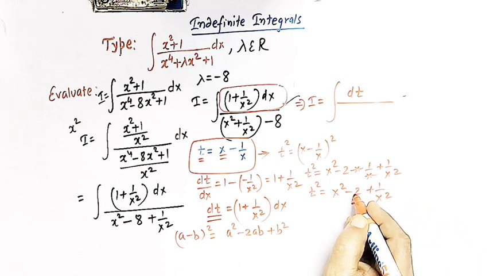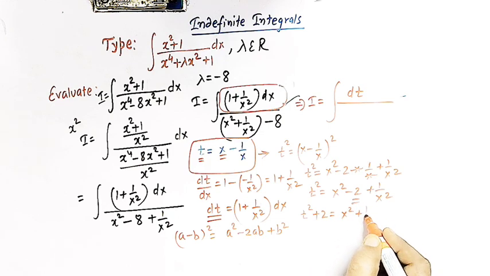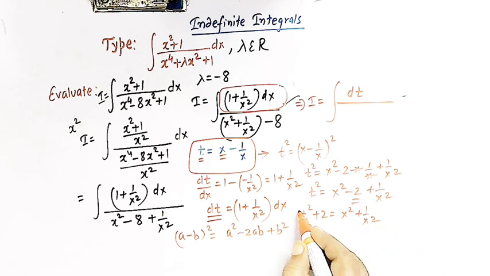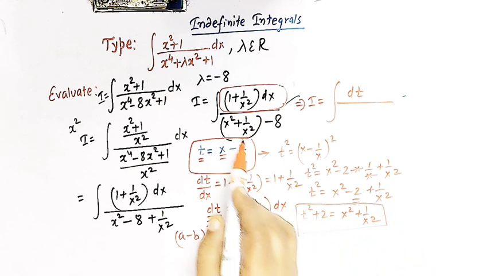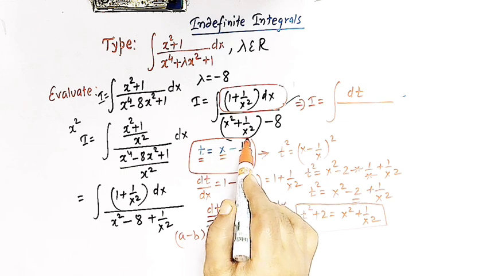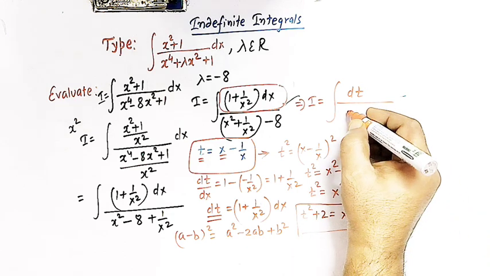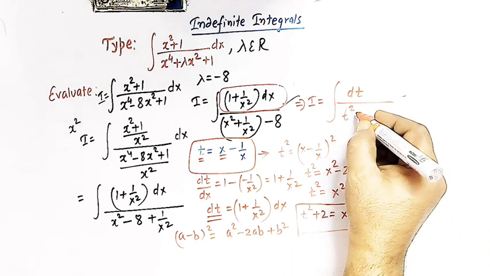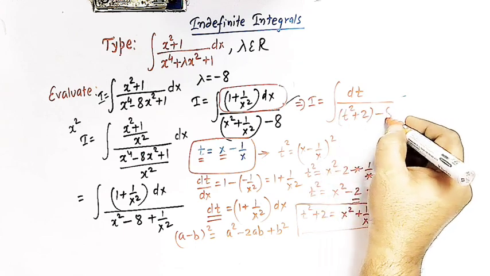Now taking minus 2 to the left hand side, we can now write t square plus 2 is equal to x square plus 1 over x square. So now in the denominator we can replace x square plus 1 over x square in terms of t, and this is equal to t square plus 2. So here we'll write t square plus 2, and here we have minus 8.